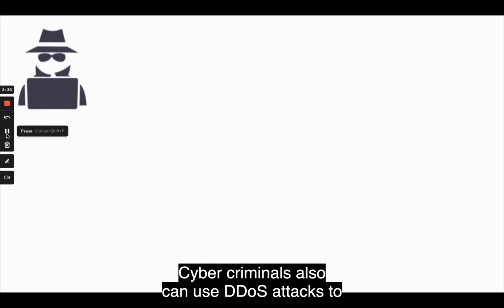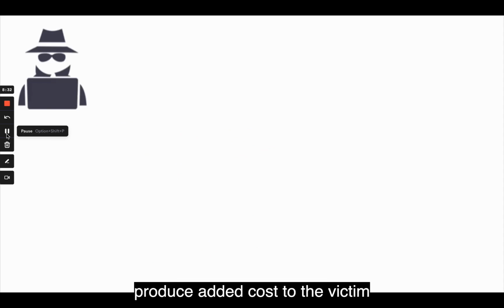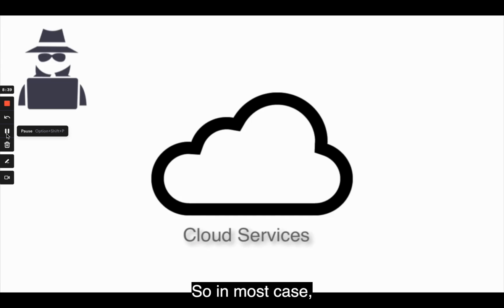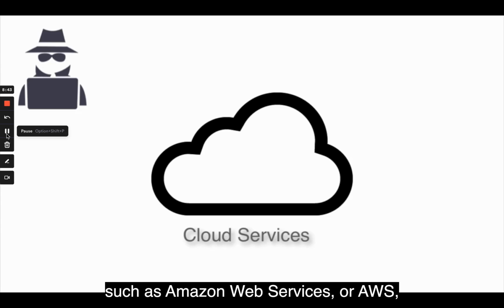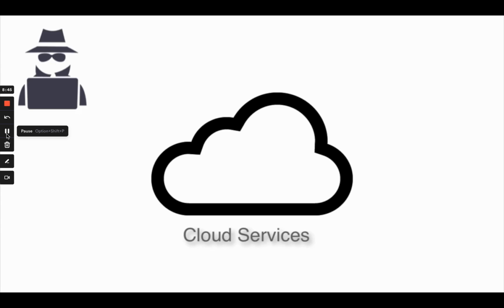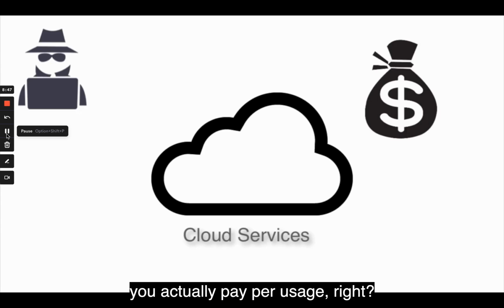Cyber criminals can also use DDoS attacks to produce added cost to the victim when the victim is using things like cloud services. In most cases, with a cloud service such as Amazon Web Services (AWS) or others, you pay per usage.